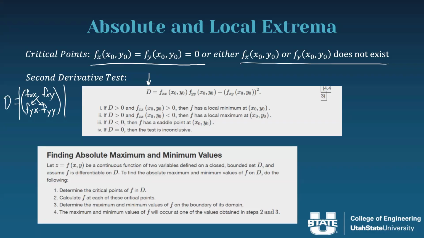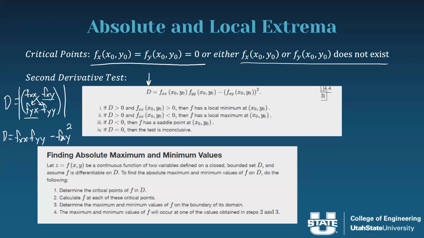And in this case, since we have fxy multiplied by fyx, and as we talked about yesterday, due to Clairaut's theorem, those are equal to each other. It comes out to just be D is equal to fxx fyy minus f, and you could call it either one, but I'll call it xy squared.